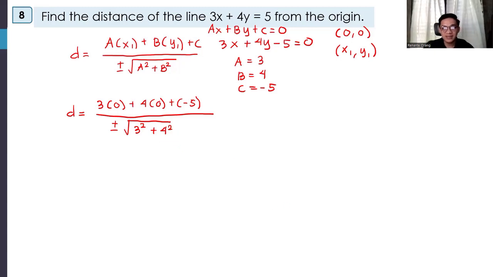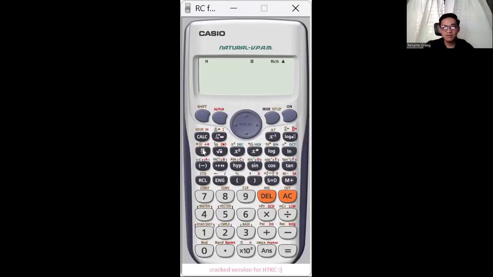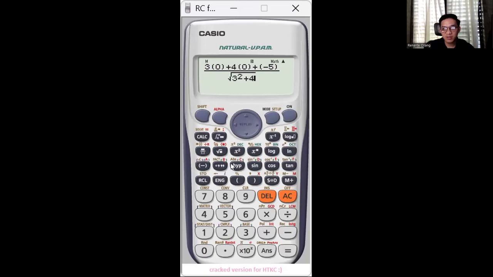So, we're ready. Let's input everything in our calculator. We have 3 multiplied by 0 plus 4 multiplied by 0 plus negative 5. Below, we have the square root of 3 squared plus 4 squared. And our answer is negative 1.